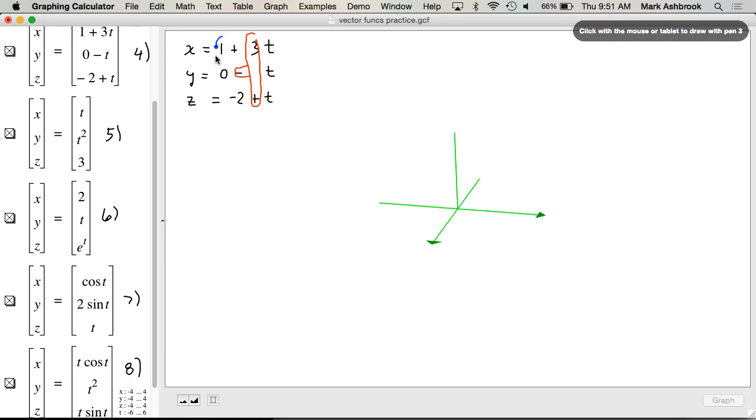When t equals 0, you know that your point is 1, 0, negative 2. Those who recognized that and could identify those things, that's good. If you didn't, then we'll see how the test goes, okay?